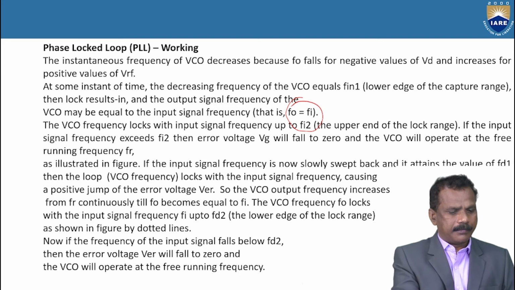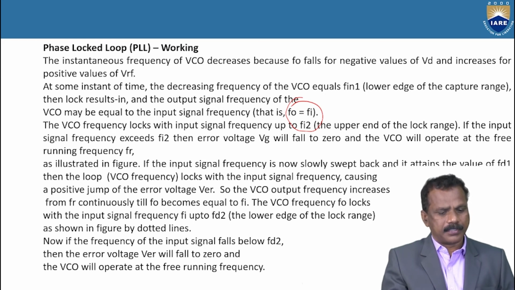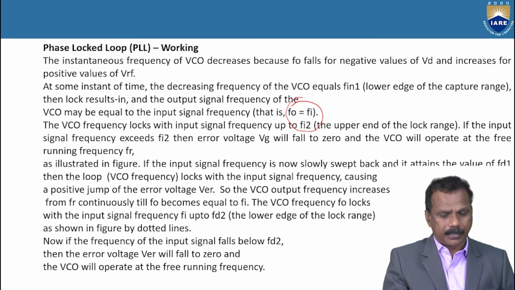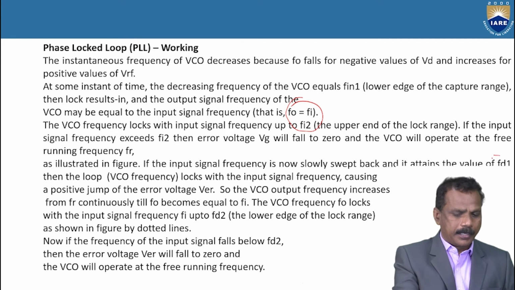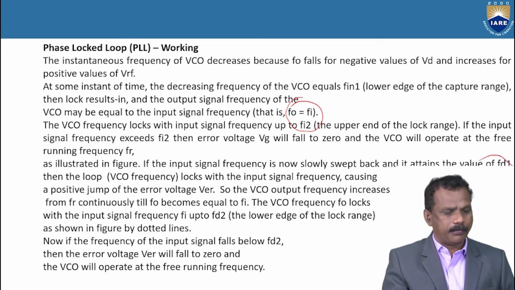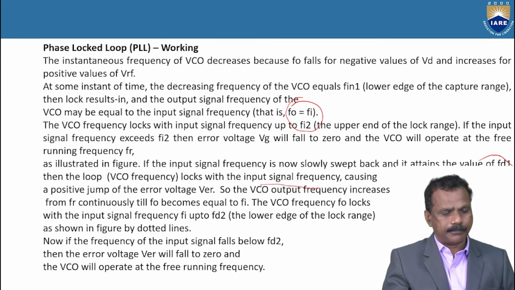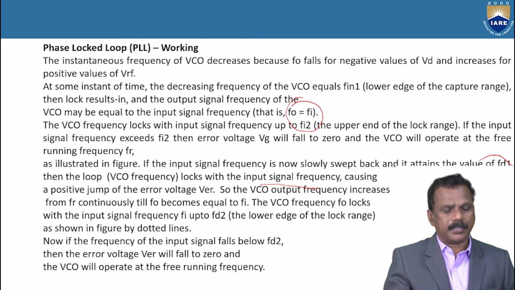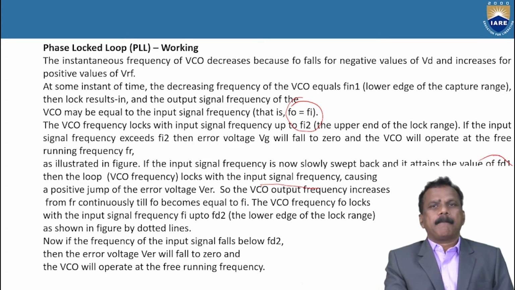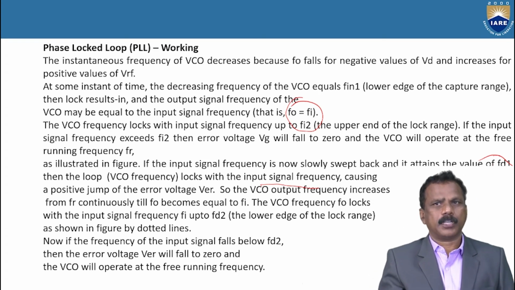As illustrated, if the input signal frequency is now slowly swept back and returned to the value of Fi1, then the loop VCO frequency locks with the input signal frequency, causing a positive jump of the voltage.